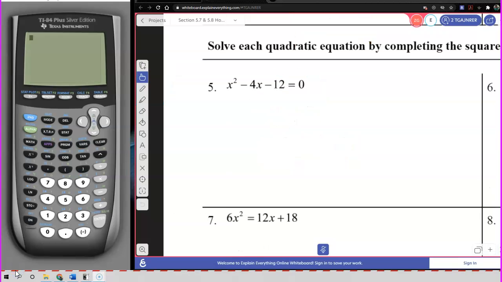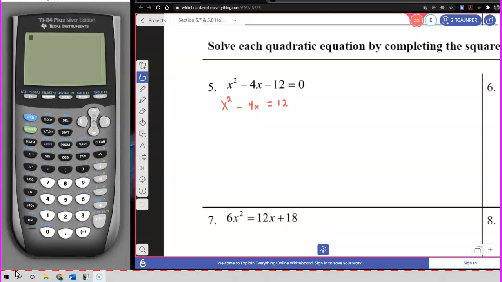For number 5, we're going to solve this by completing the square. And I'm going to go ahead and show you how to complete the square. We have x squared minus 4x, and that minus 12, we want it on the right side. So it's going to be equal to 12, since you have to add 12 to both sides.